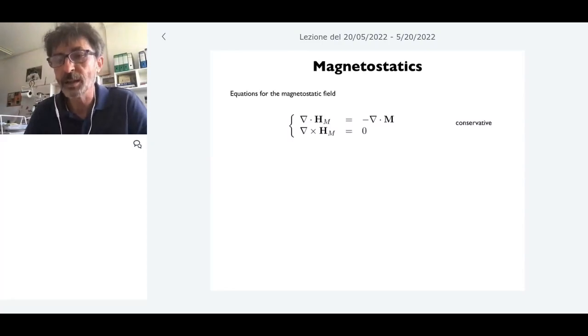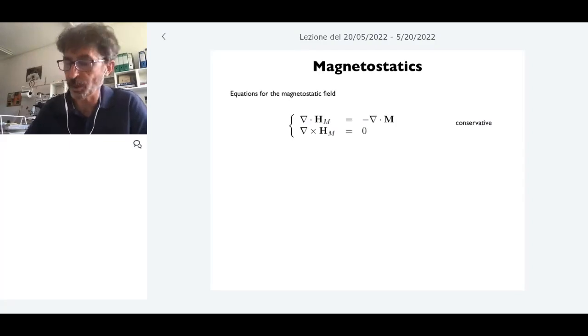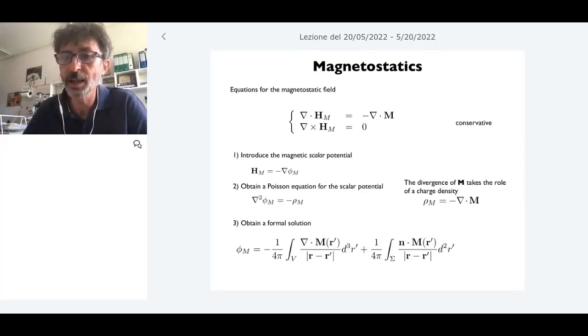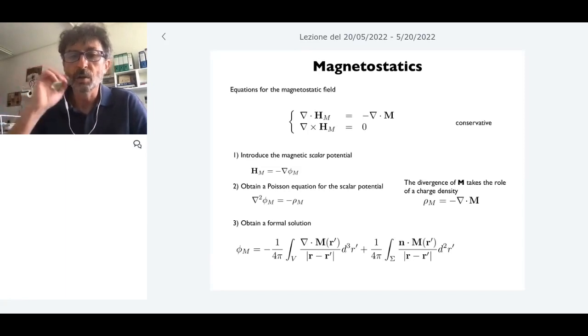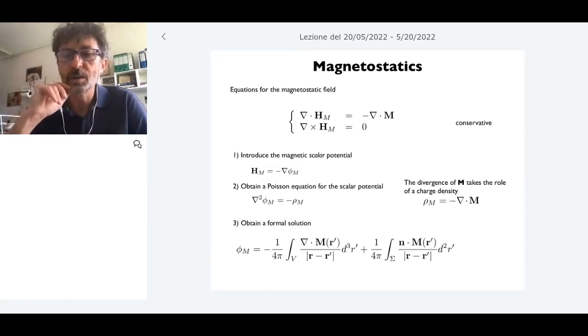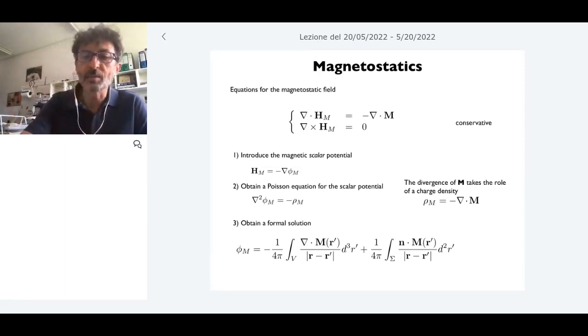So I've added the subscript M to remember that the source of this magnetic field is only the magnetization. Well, but if you look at this equation, it looks extremely similar to another equation, the equation for the electric field. So the curl of H_M is equal to 0.